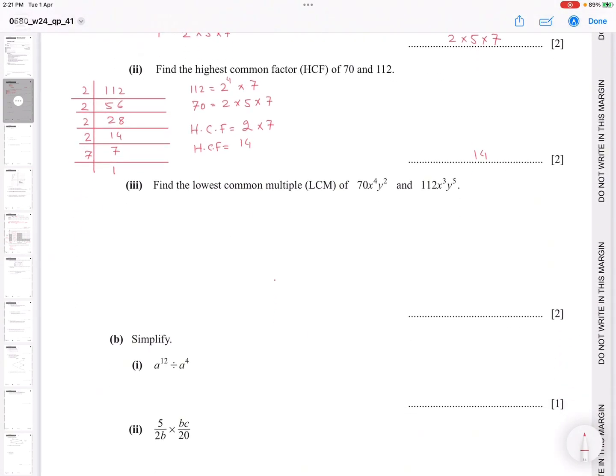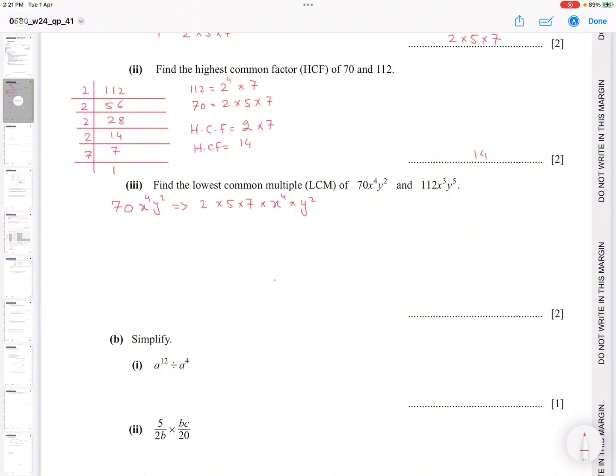Third part, find the lowest common multiple of 70 x power 4 y square and 112 x power 3 y power 5. So we can write 70 x power 4 y square, and you can write the prime factors of 70, 2, 5, 7, x power 4, y power 2.